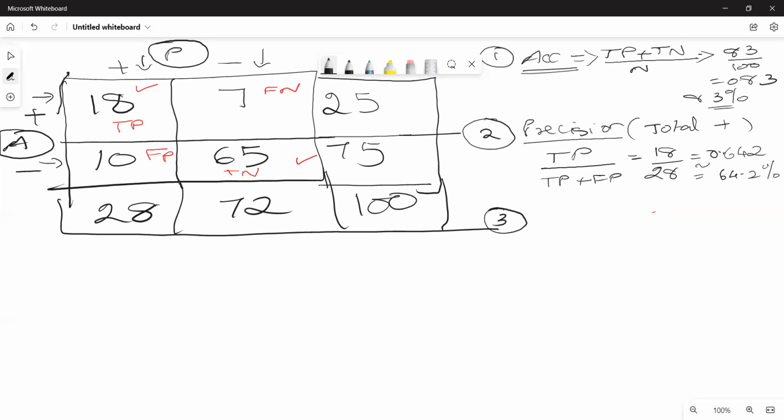Okay, so precision means what are the total positives predicted by my system.